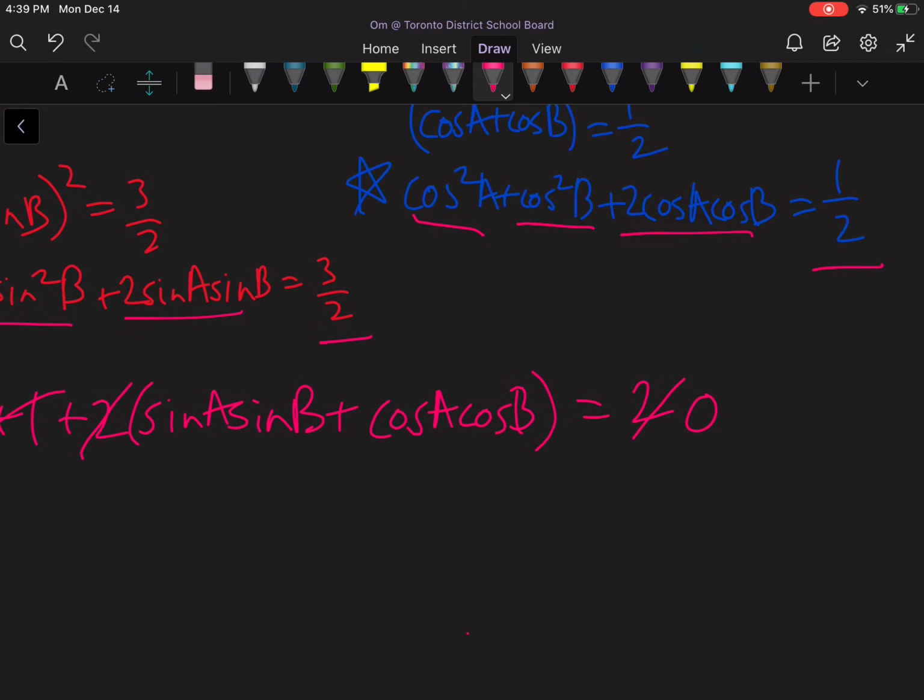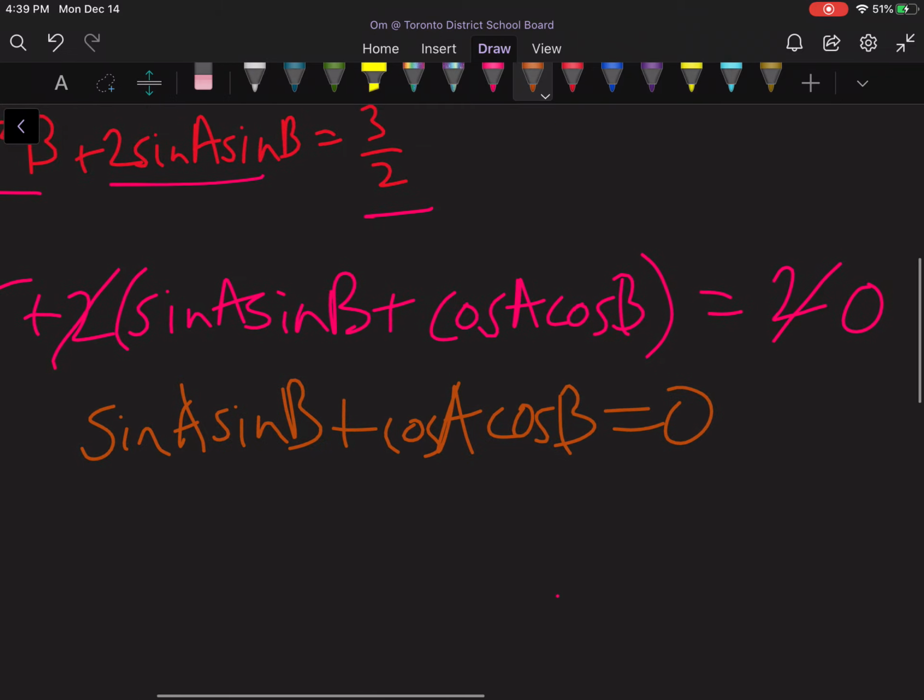Therefore, sine a sine b plus cos a cos b equals 0. And now, this should immediately jump out to you as cosine of a minus b. This is one of the angle difference formulas.